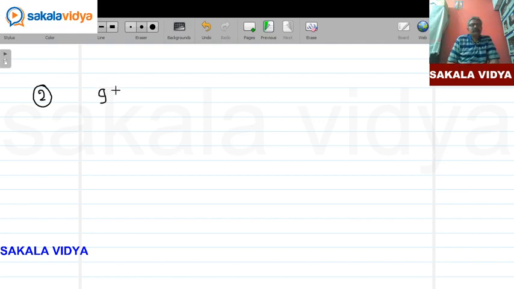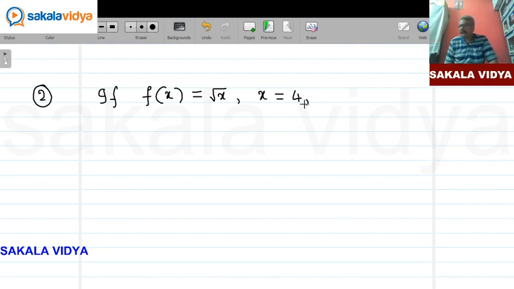If f of x equals root x, x equals to 4, delta x is equal to 0.08, then df, not delta f, dy or df, both are same.